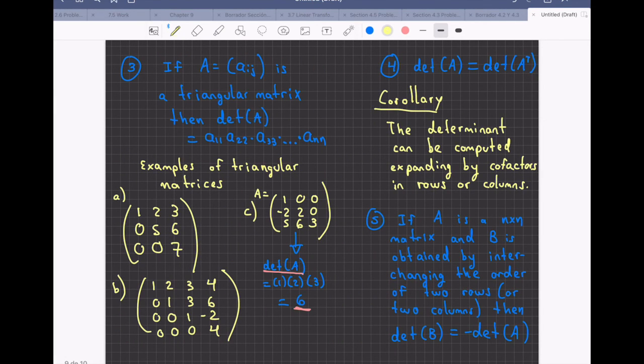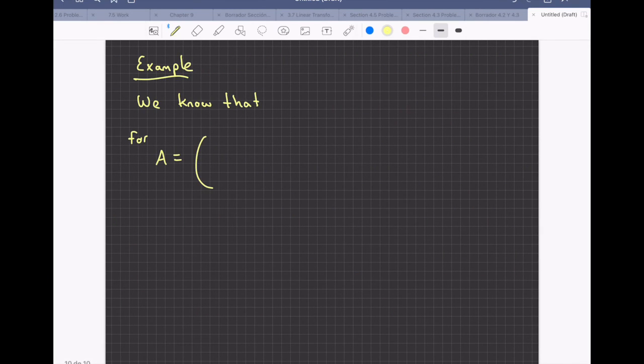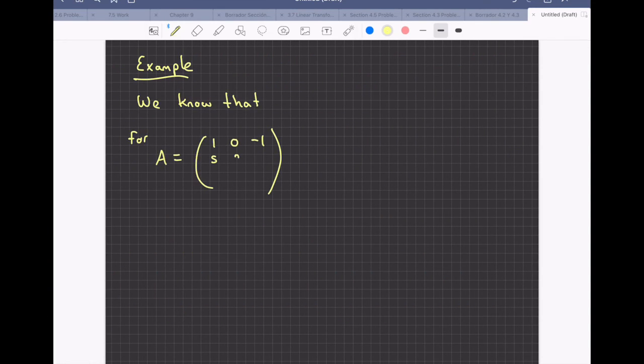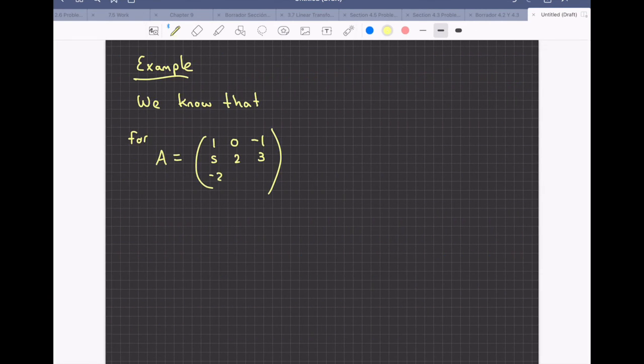For example, for this matrix 1 0 negative 1, 5 2 3, negative 2 6 4, the determinant of A is equal to negative 44.